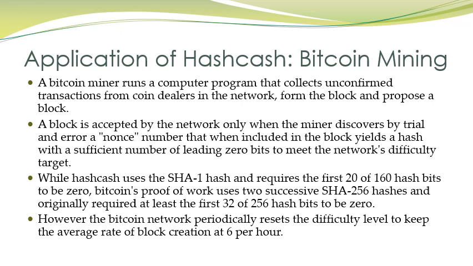It will collect the transactions from the Bitcoin network, create a block and try to propose it. A block is accepted by the network only when the miner discovers, by trial and error, a nonce number that, when included in the block, yields a hash with a sufficient number of leading zeros.